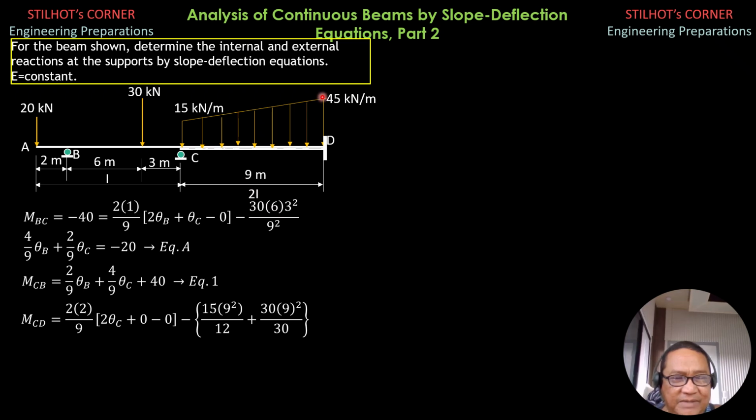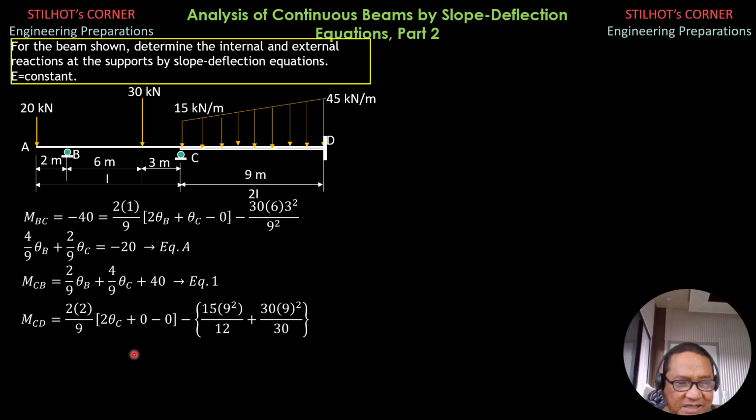The intensity of the triangular load is 30 kilonewtons per meter. For the rectangular load, moment at C is left negative. So negative of quantity 15 times 9 square over 12. Then due to the triangular load, it is negative also, 30 times 9 square over 30. So this is 81, and we'll just compute this.